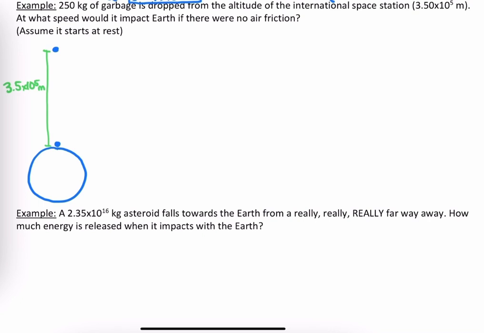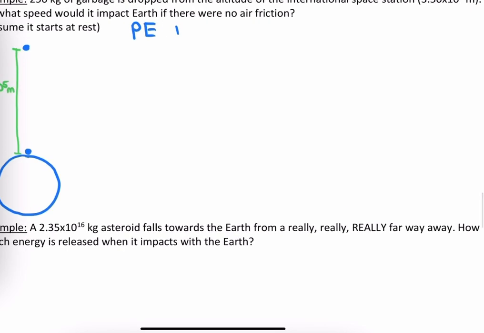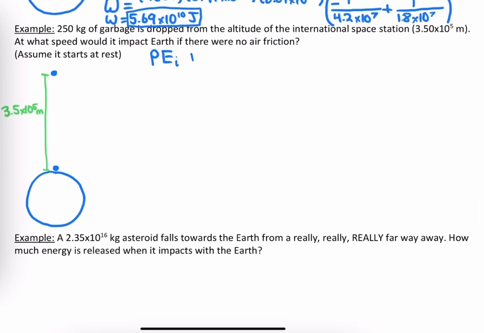Just like the last question, we're going to start with the law of conservation of energy. And again, we're going to see if there are any terms here that can just be 0.